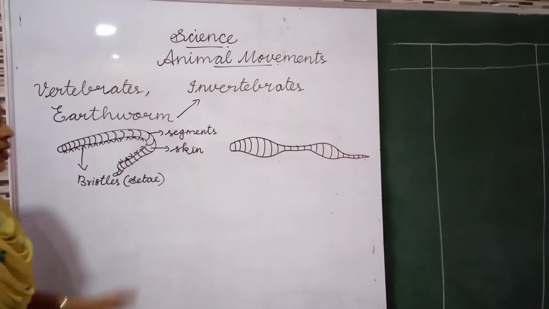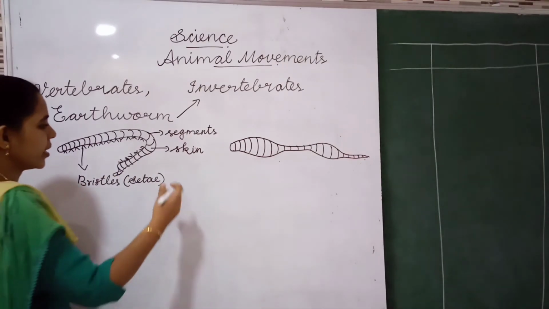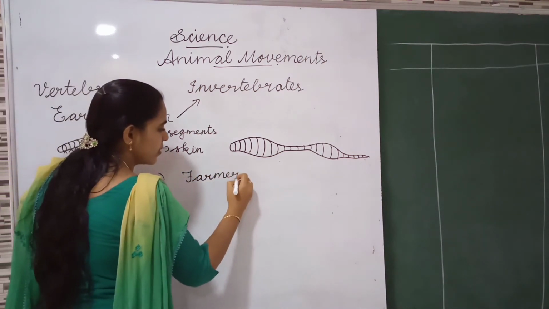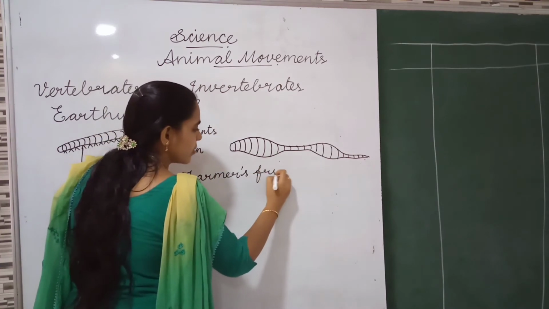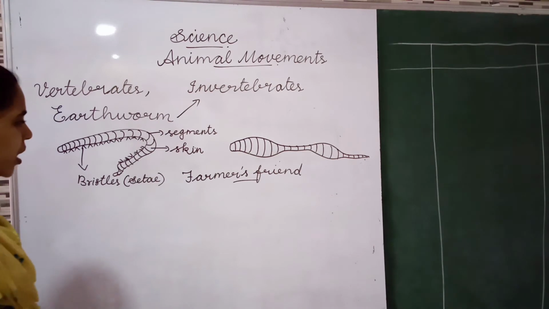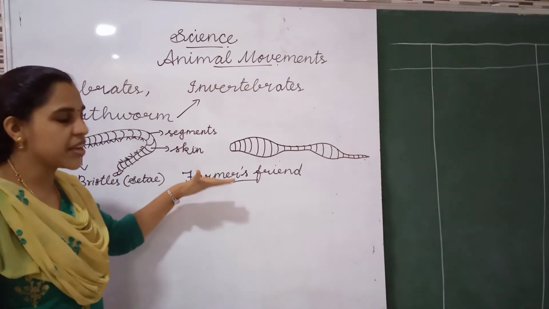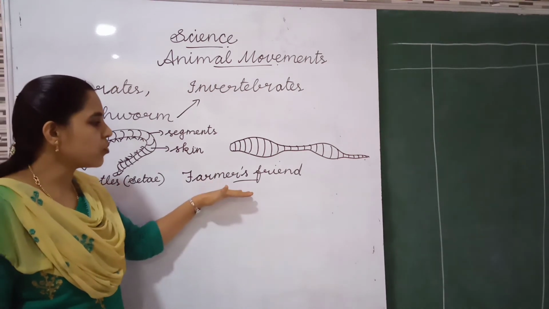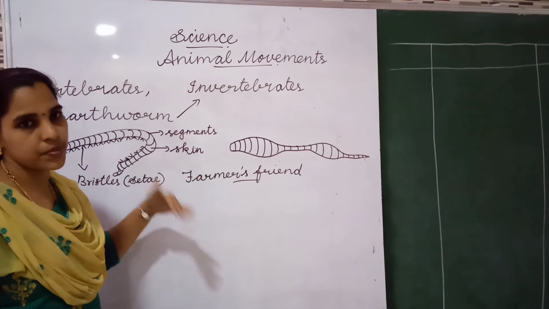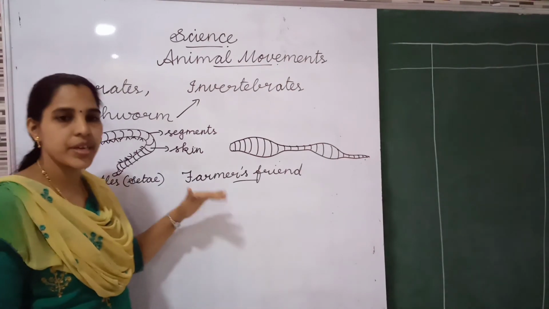Then this earthworm is called the farmer's friend. Why are the earthworms called farmer's friends? Because the earthworm is living in the soil. When they are living in the soil, these earthworms convert the organic matter, it means waste food items, everything, into humus or fertilizer.